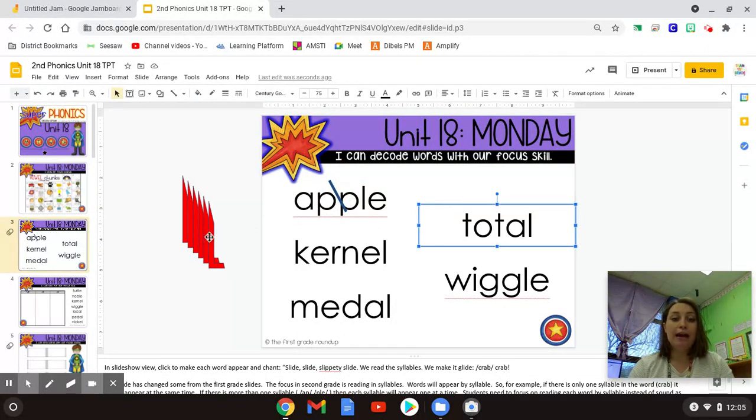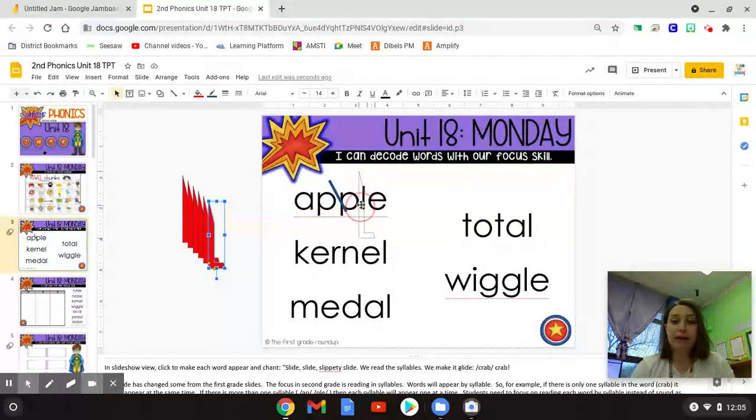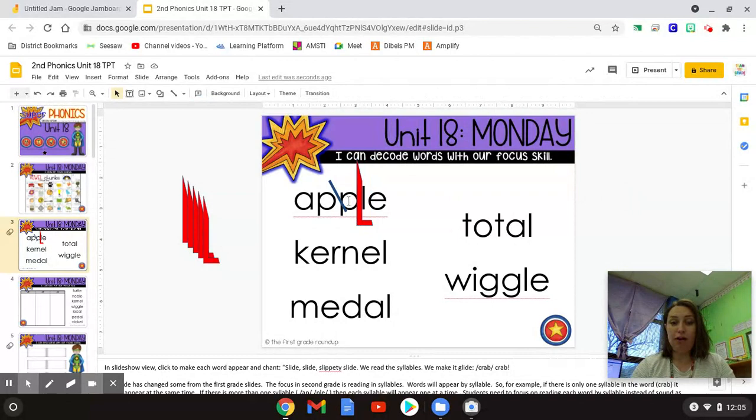Apple. And now I will add the coding for a final stable syllable. I take this LE and I mark it off with a big L. Here's my consonant LE. Does everybody see that? The P is the consonant in this final syllable. And we've got LE. So we have the word apple.